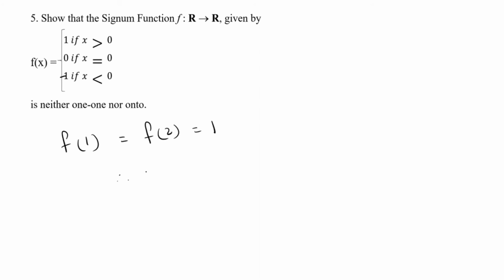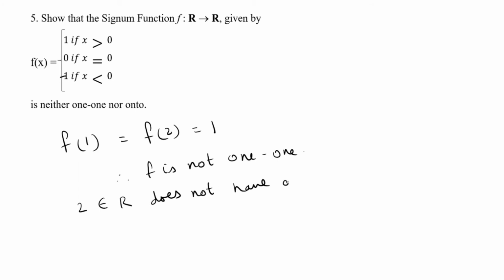So therefore f is not one to one. Then we take the number 2, it is a real number, it belongs to R but it does not have a pre-image. Therefore f is not onto.